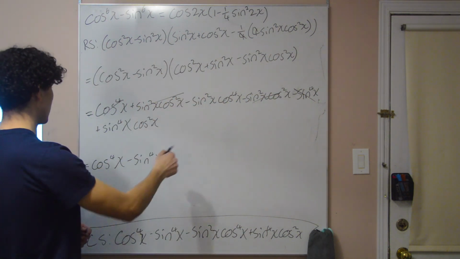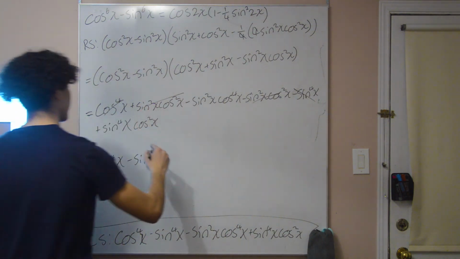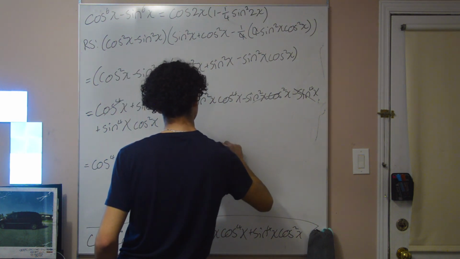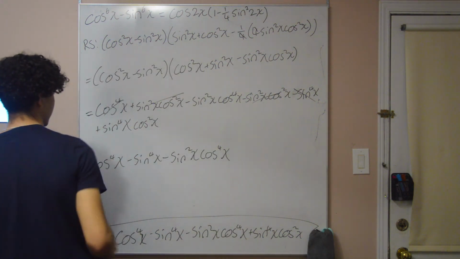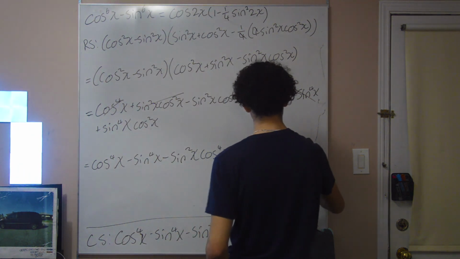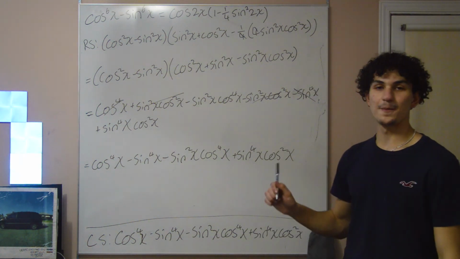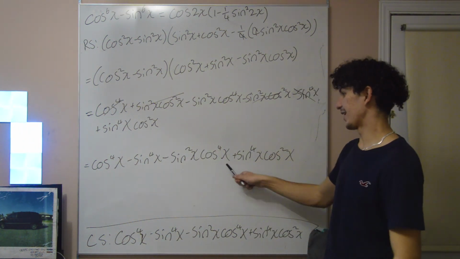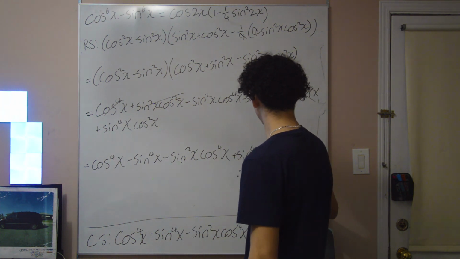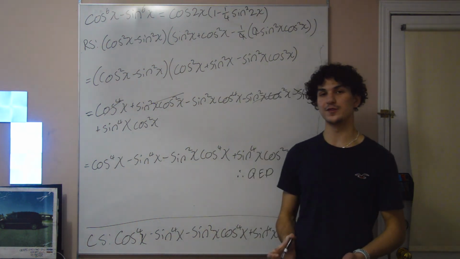And here we have negative sine squared x cos to the 4x, and here we have positive sine to the 4x cos squared x, just like that. We did it. That is equal to that. So therefore, QED.